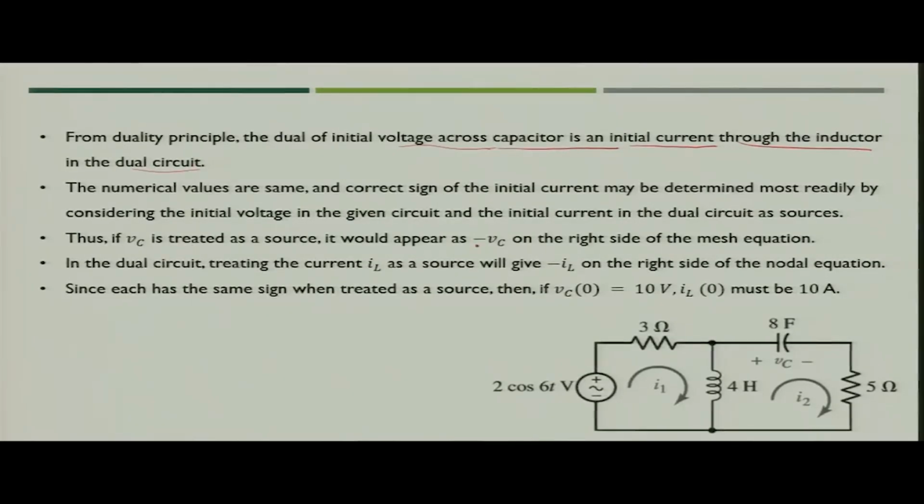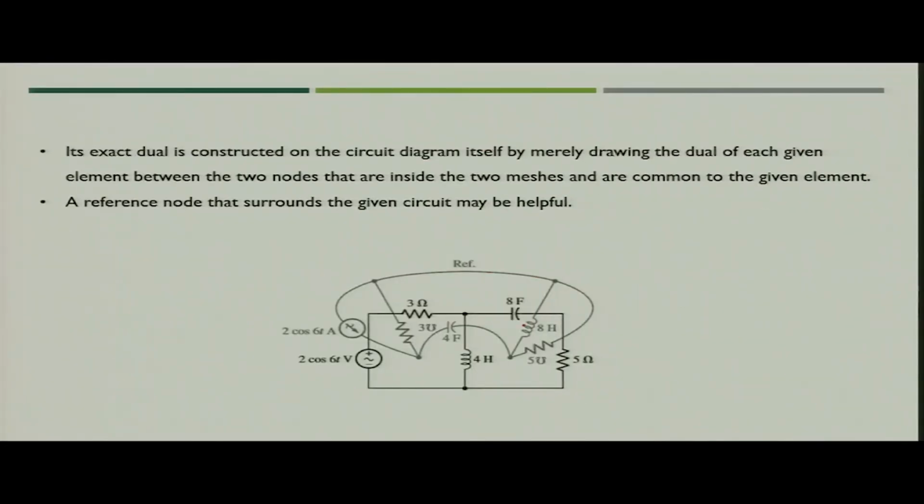Now, what would be the value? Here the value is minus Vc, because it is opposite to the direction of current. So, the current would be minus IL, or alternatively you can say a current of 10 ampere, but it is coming out of the non-reference node. The direction of current would be this, because this would be against the assumption we have taken in the case of mesh analysis, as the voltage across the capacitor is opposing the flow of the mesh current.